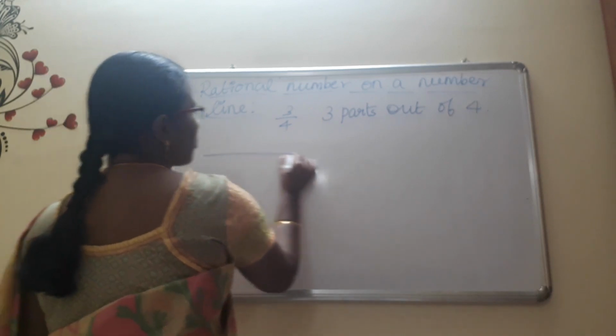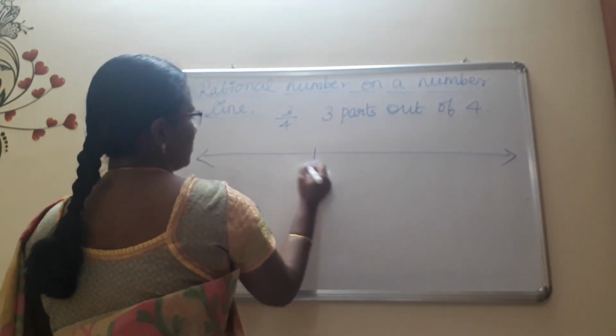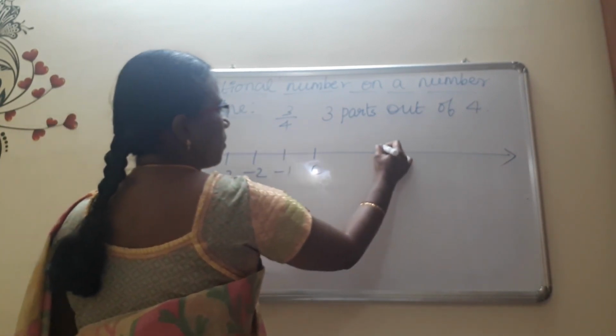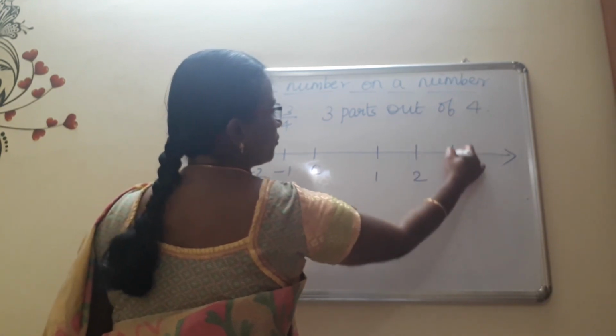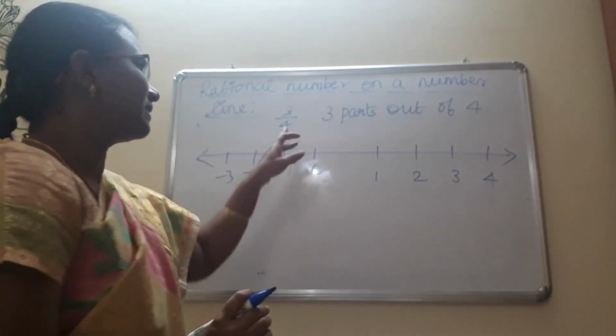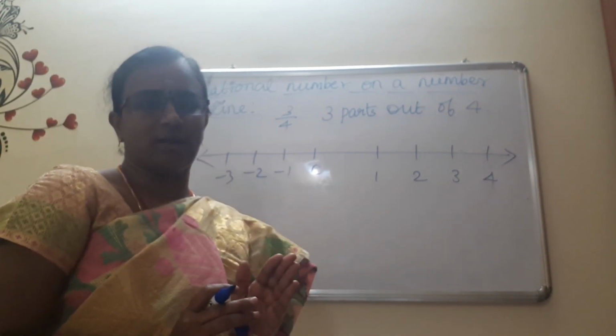Okay, so now I draw the number line. 0, minus 1, minus 2, minus 3, 1, 2, 3, 4. We very well know that 3 by 4 is greater than 0 and lesser than 1, isn't it?